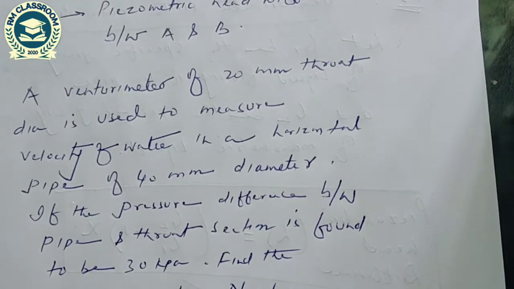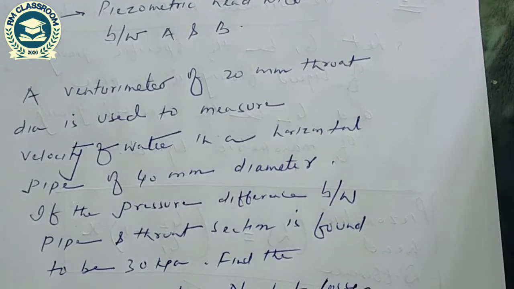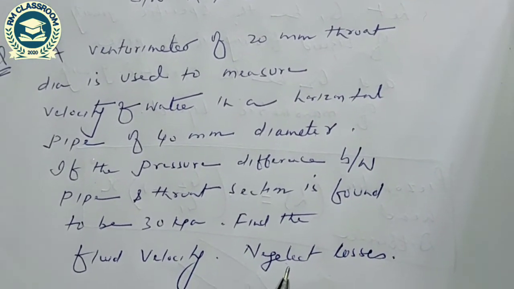Neglect losses. So this is the question. A venturimeter of 20 mm throat diameter is used to measure the velocity of water in a horizontal pipe of 40 mm diameter.